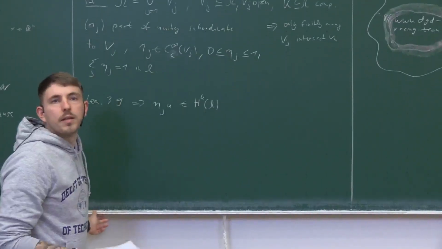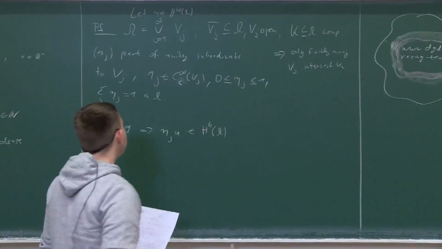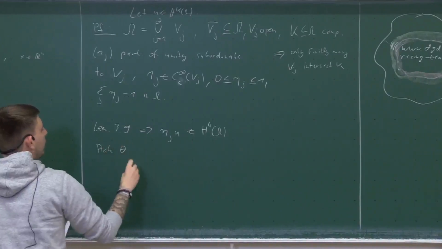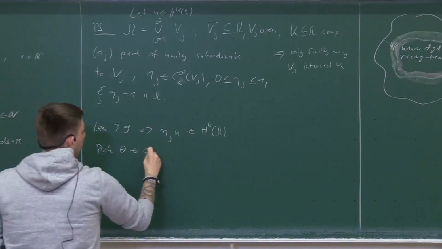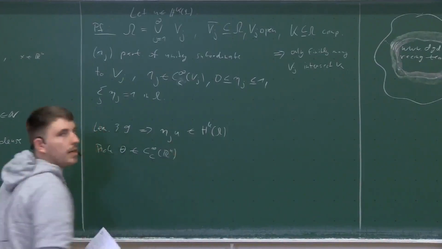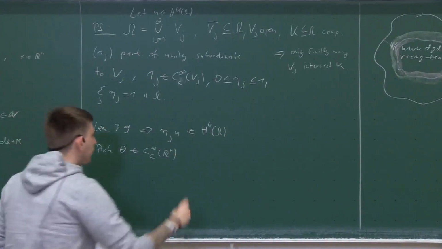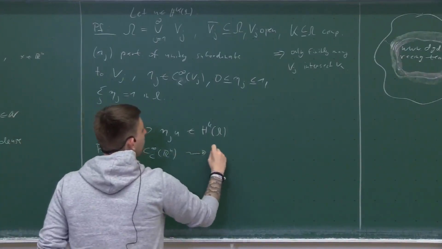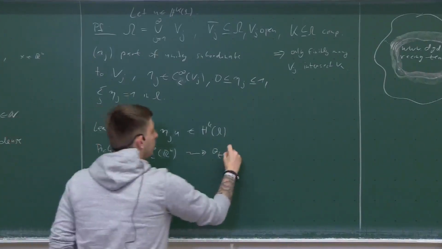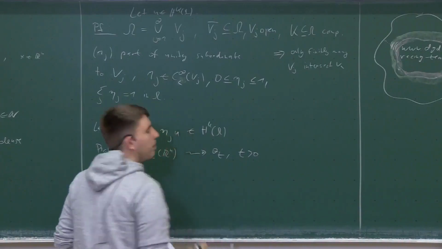And then we need the mollifier family. For this we pick some theta, which is a compactly supported smooth function in Rn. And with this theta, remember, we associated this mollifier family theta t for some positive t.